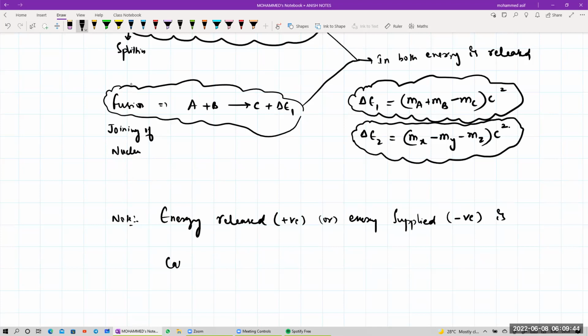That is called the Q value. So whenever there is a release of energy, it will be positive, and when you are supplying a certain amount of energy, it will be negative. That energy released or energy supplied is called the Q value. So the Q value will be equal to mass defect into C square. This is the way we calculate the energy released.